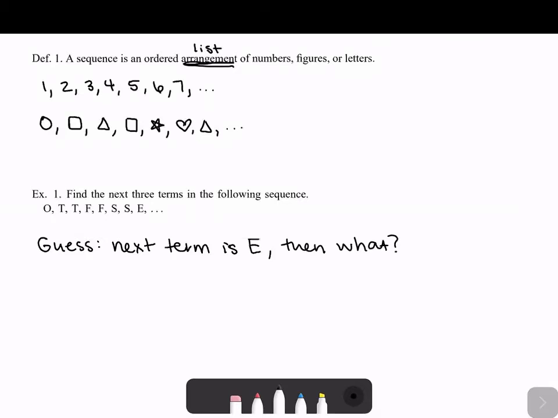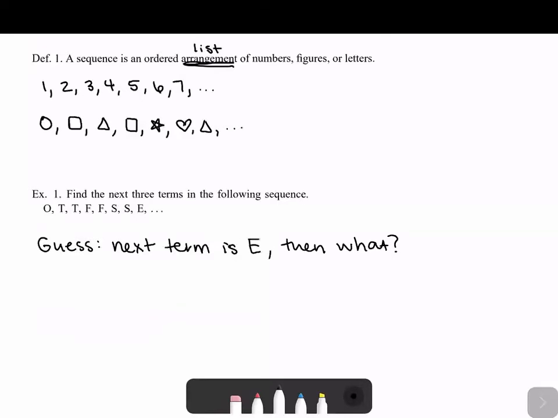Even though at first glance it seems like we're having doubles of letters, if the next term is E, we don't really know what's next. So this is where the definition of sequence comes in handy, right? Because this is an ordered list, everything in a sequence has an order.